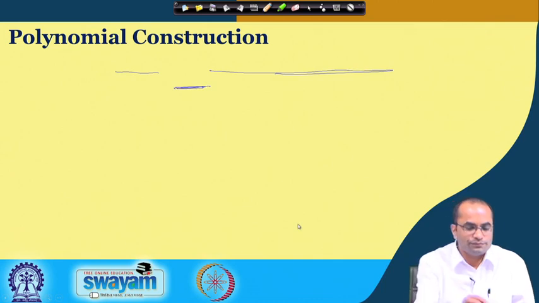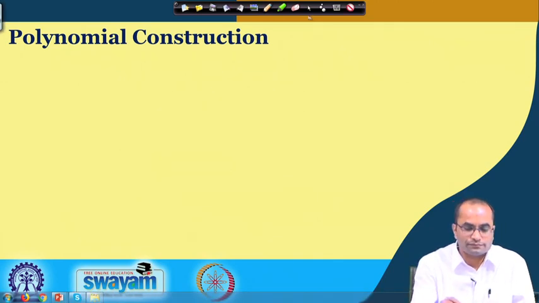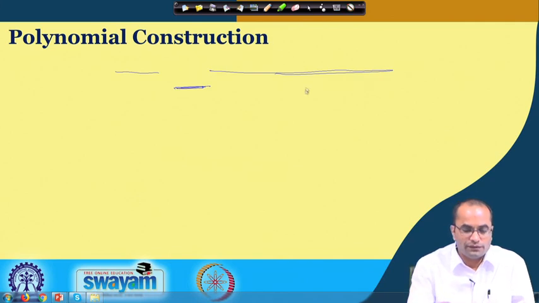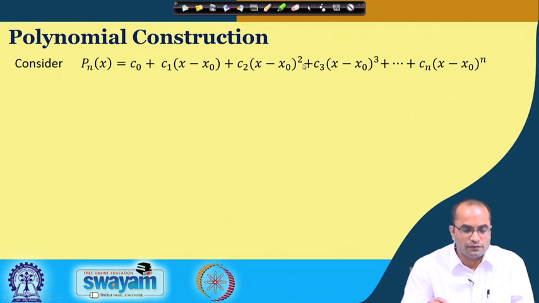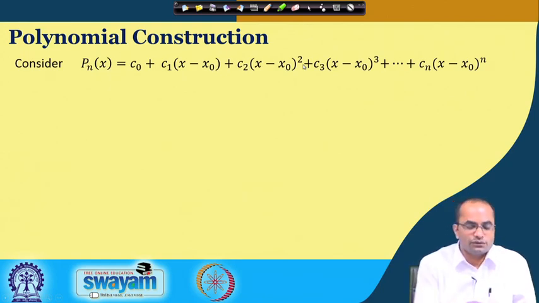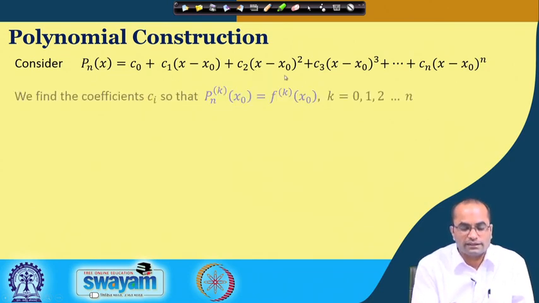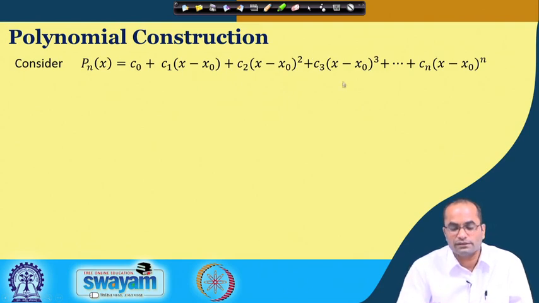So, we assume a general polynomial of degree n. We take p n x as c 0 plus c 1 times x minus x 0, plus c 2 times x minus x 0 squared, plus c 3 times x minus x 0 cubed, and so on, plus c n times x minus x 0 to the power n.